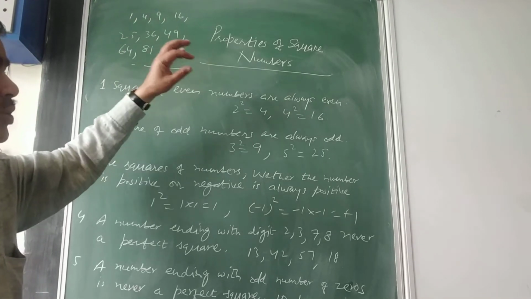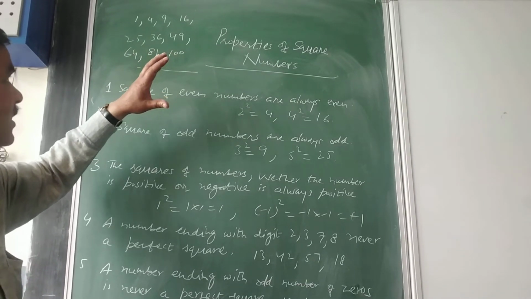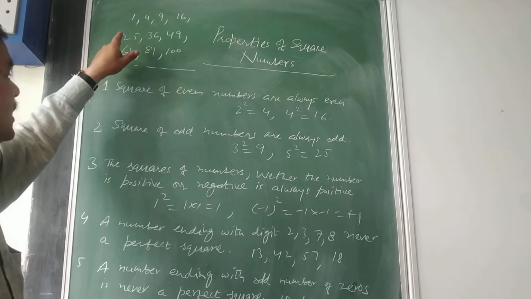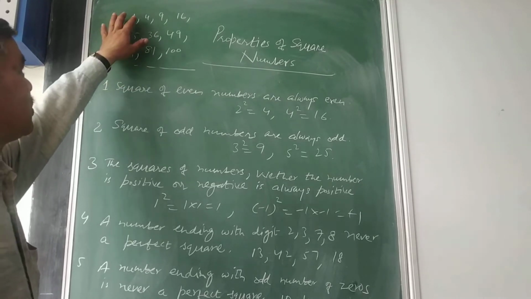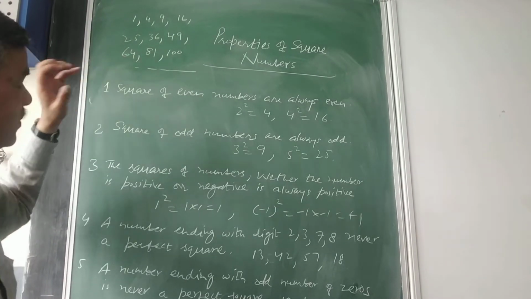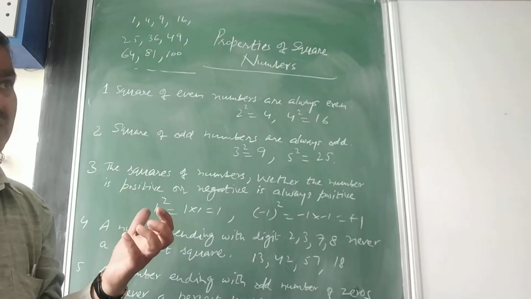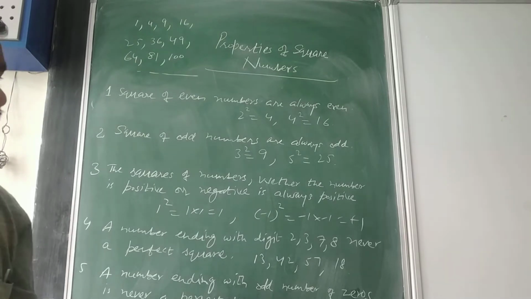In between, 2, 3, 5, 6, 7, 8 are not there. So, like these, I have to see whether numbers are perfect squares or not. This we will clear in today's talk.